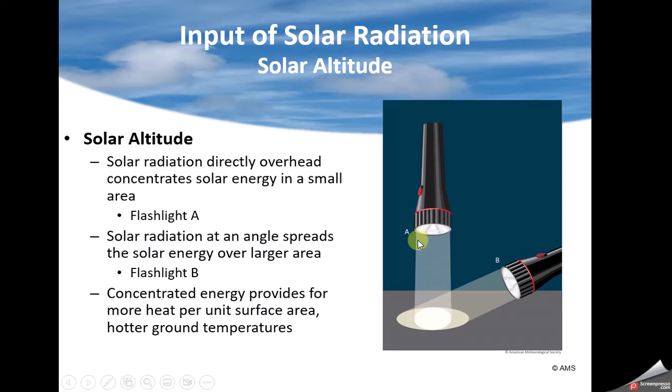That same amount of light is over a very small area. Now, say you live much further north at that time, well, then that sun is not directly overhead. It is coming at an angle to you, and your light is spread out, like flashlight B. So you don't have as much energy coming into your area. The same amount of energy is coming out of the sun, but it's being spread out over a larger area.